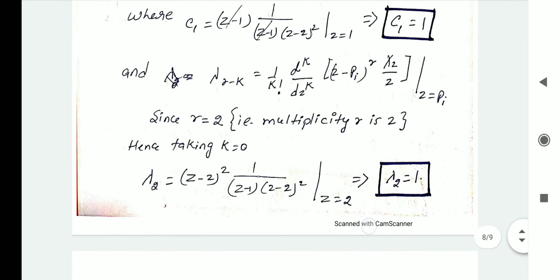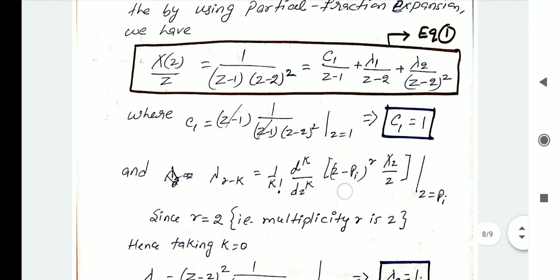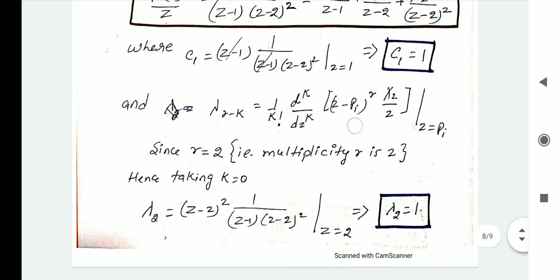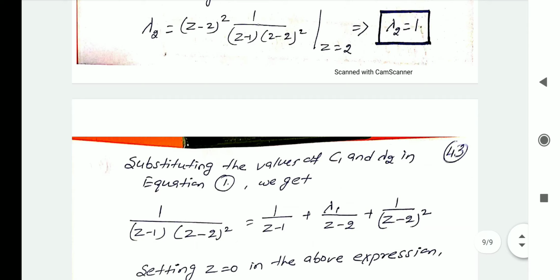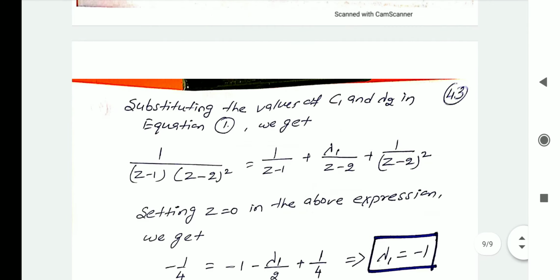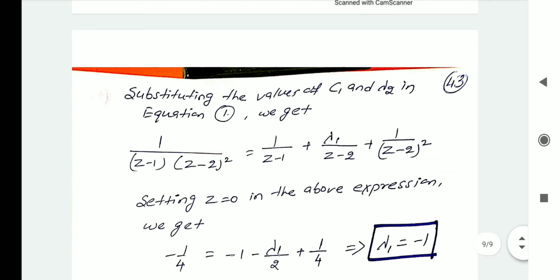Now putting these values of C1 and lambda 2 in equation 1, we get 1 by z minus 1, z minus 2 whole square equals C1 which is 1 by z minus 1, plus lambda 1 as it is by z minus 2, and lambda 2 which is again 1 by z minus 2 whole square.